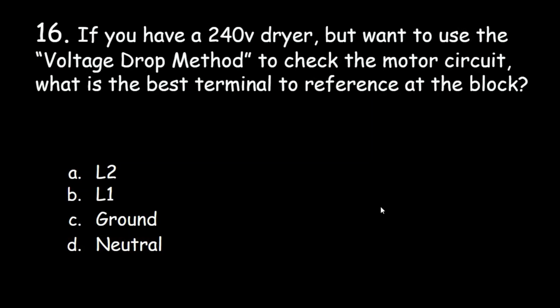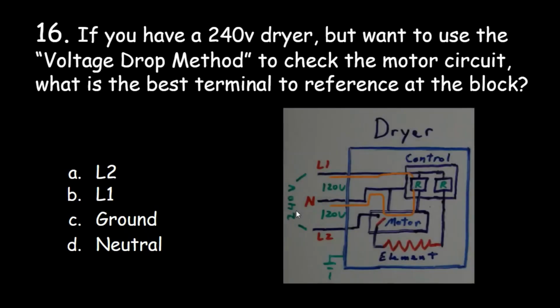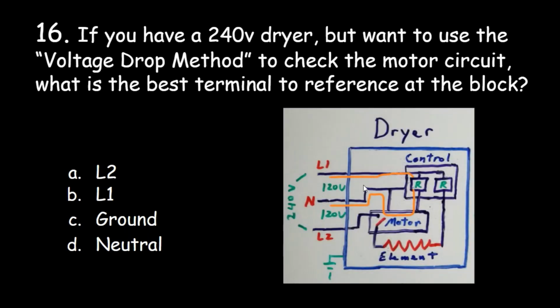Number 16. If you have a 240 volt dryer but want to use the voltage drop method to check the motor circuit, what is the best terminal to reference at the block? L2, L1, ground, or neutral? Remember, on a 240 volt dryer, the motor circuit starts at L1 and is returned through neutral. So this is your actual motor circuit. L2 is not involved in the motor circuit, although L2 does have a centrifugal switch.